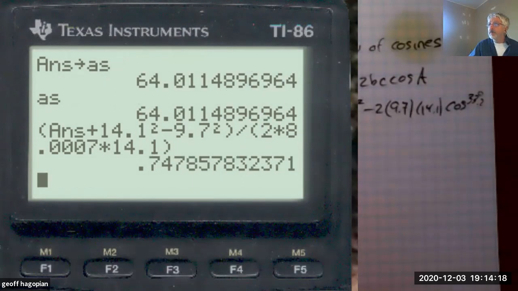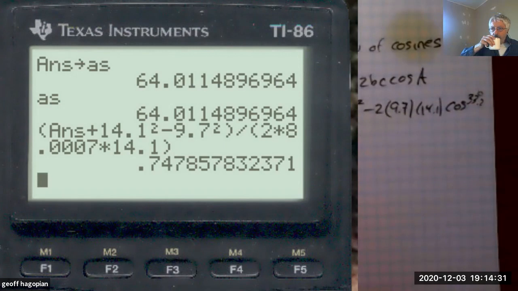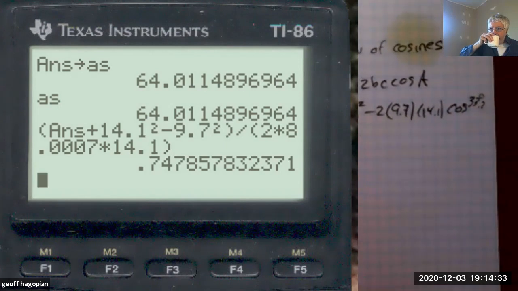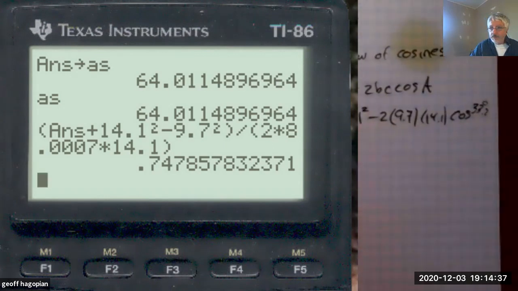This should be a number between -1 and 1. It's a positive 0.7479, and as such we should be in the first quadrant, which kind of makes sense. B looks like a pretty acute angle.